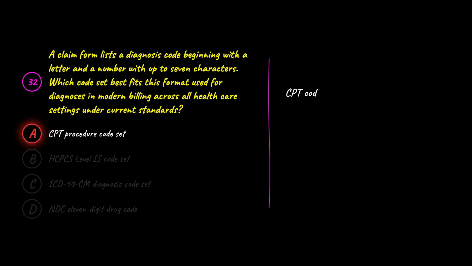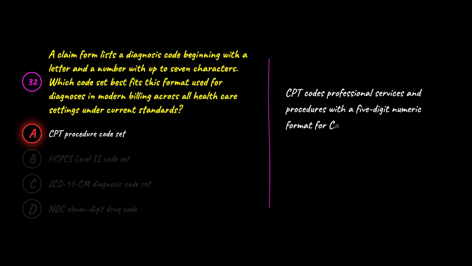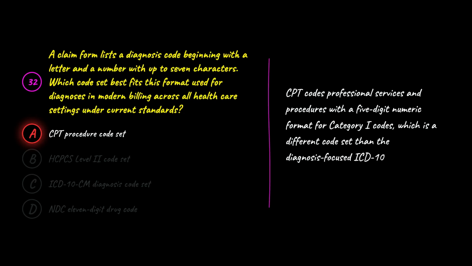A is wrong because CPT codes professional services and procedures with a 5-digit numeric format for Category 1 codes, which is a different code set than the diagnosis-focused ICD-10 CM described in this scenario.